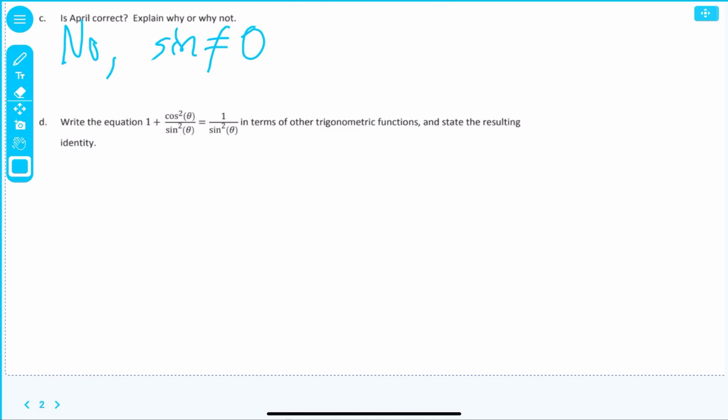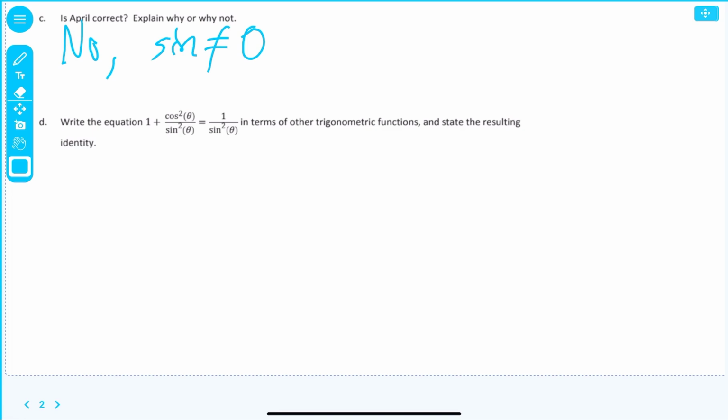Now, what else we got? Write the equation in terms of other trigonometric functions and state the resulting identity. Okay, so this means just pick something and just rewrite it. Because we have sine and cosine, we can rewrite these into different trigonometric functions.